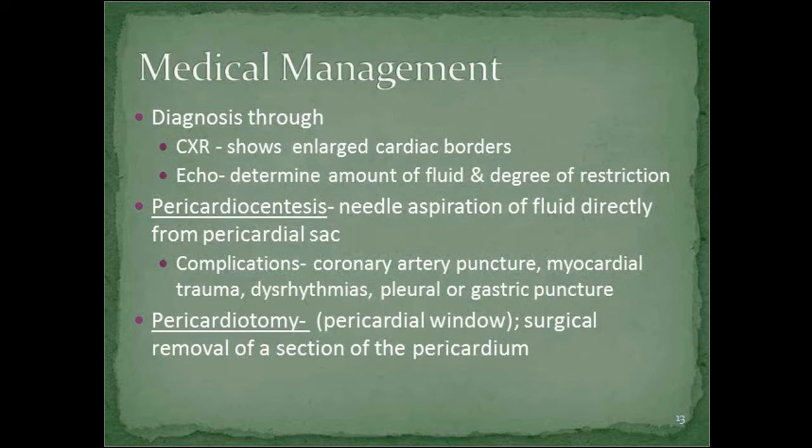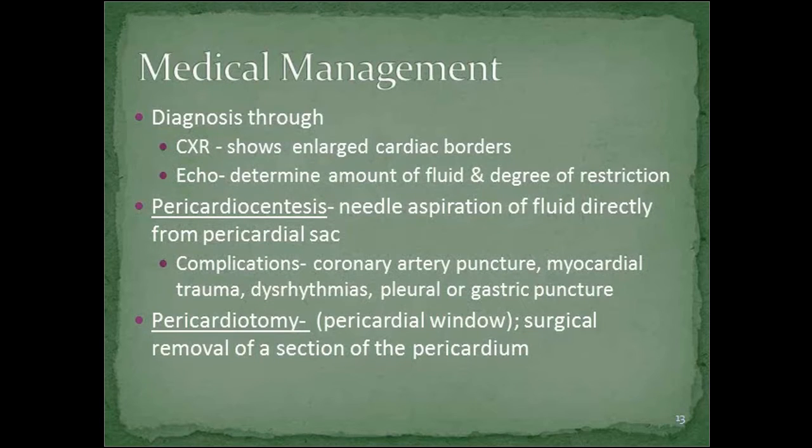And I've already talked about pericardiotomy or pericardial window as the surgical treatment for tamponade. If they're having recurrent pericardial effusions and recurrent tamponades, then a pericardial window is the treatment of choice.